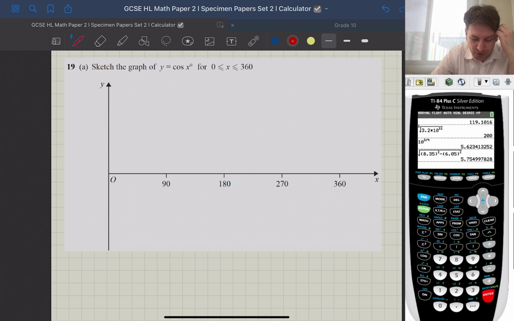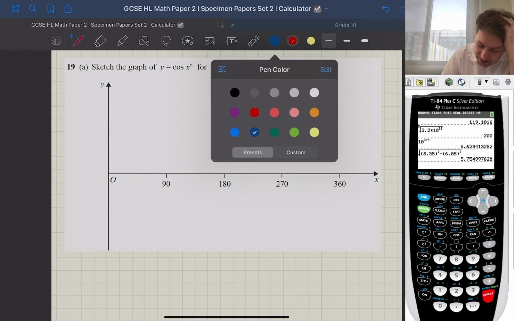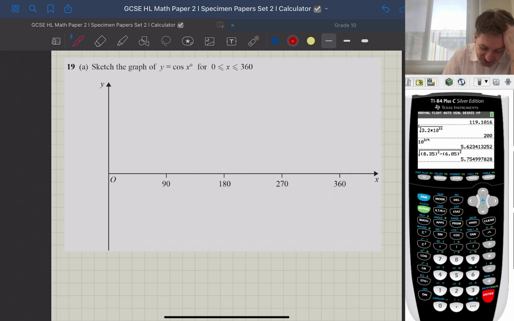Now, when it comes to sine and cosine, there is sometimes confusion with students because they don't remember where it starts, because there's one graph that starts here, and there's one graph that starts at 1, here. So which one is which? You do need to remember this.